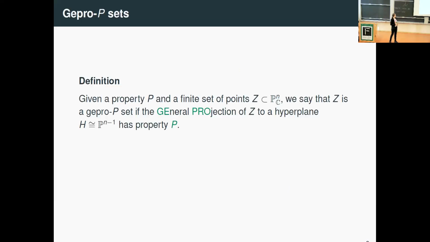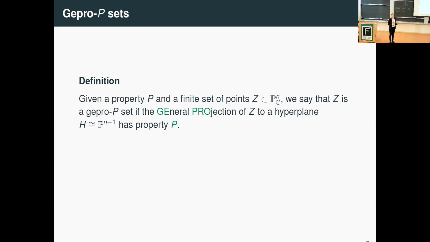So let me start with the definition of a Geproci property. If we have a property P, whatever property you would like, and a finite set of points Z in the projective space over the field of complex numbers.